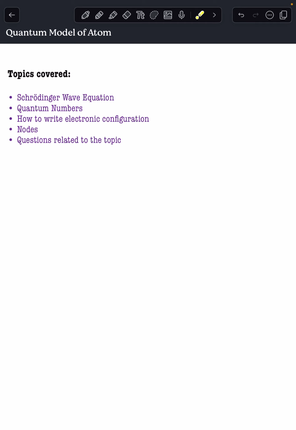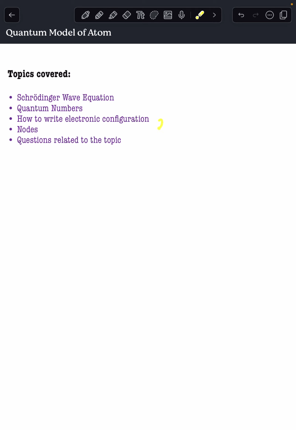So the topics that I'll be covering, which are already listed, I'll be starting with the Schrodinger wave equation, because this is what the whole topic is based on. Then I'll be moving to quantum numbers, and after you learn about quantum numbers, I will teach you how to write the electronic configurations and the important rules on which the electronic configuration is based.